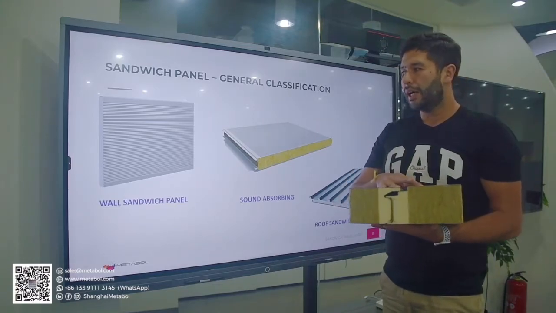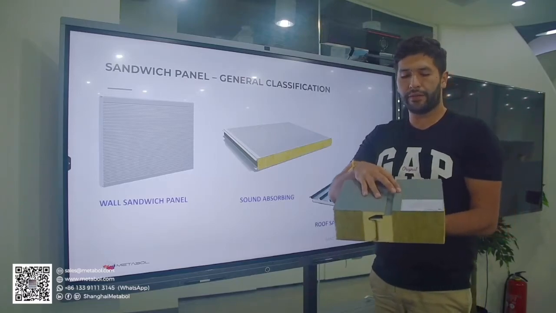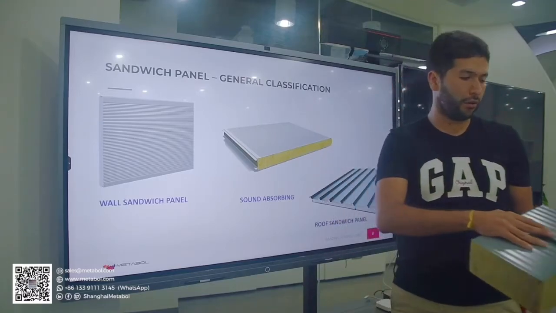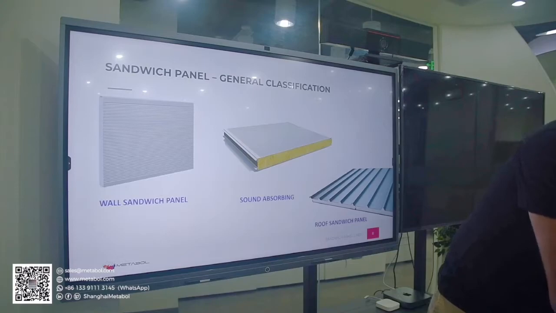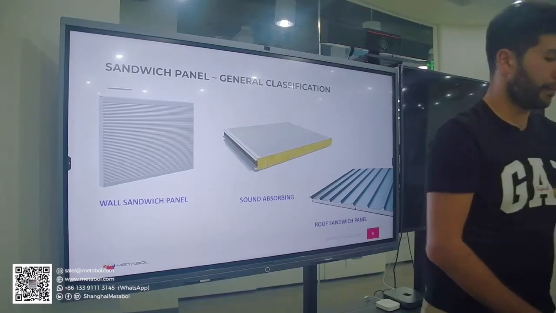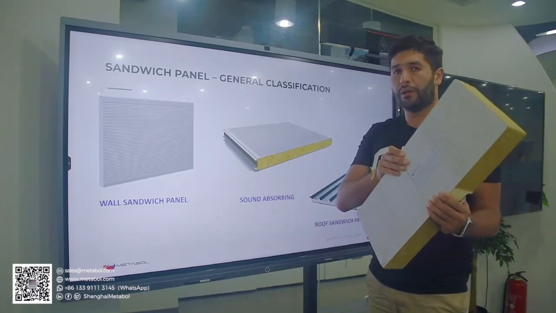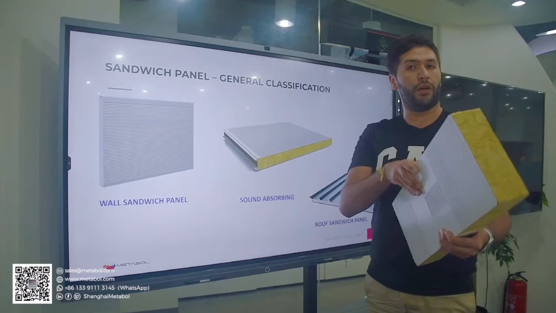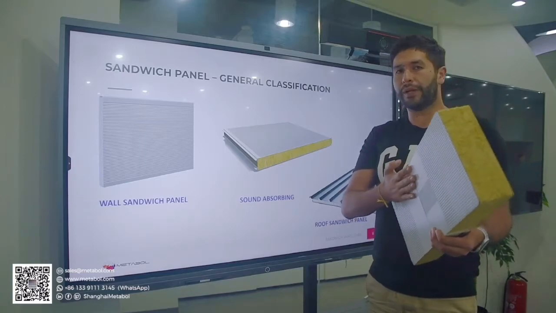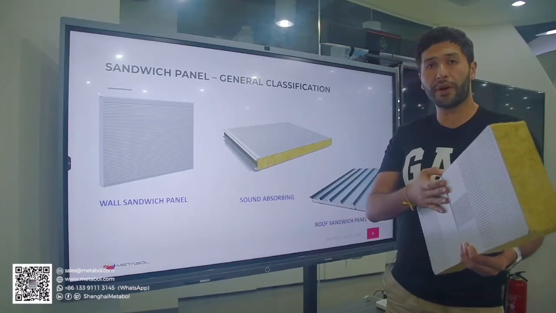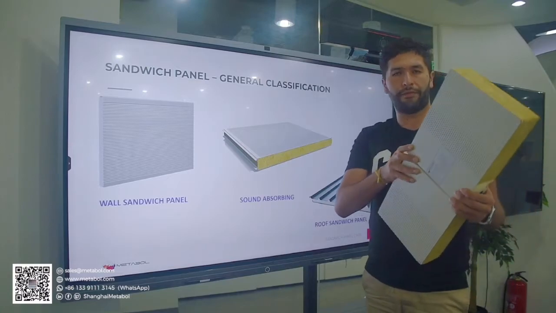Okay. However, we also have in the surface, depending on your requirement, the next one, that is the sound absorbing panel. This sound absorbing panel, you can see on the description of the different products. I recommend you, if you want to know more about it, to go to the Type 5.